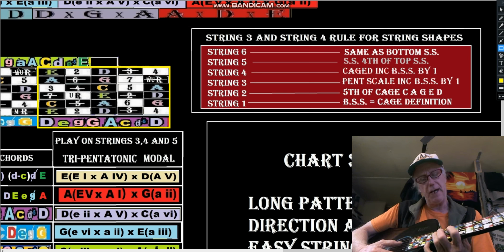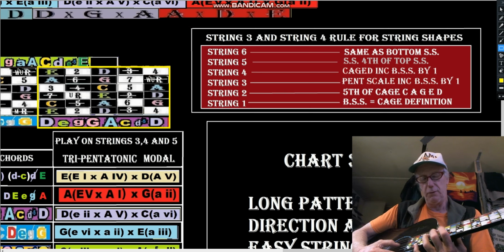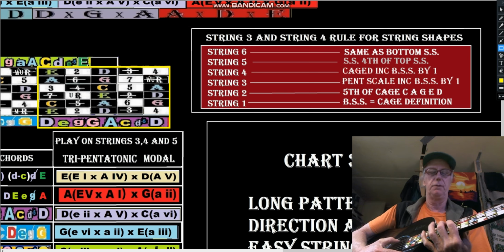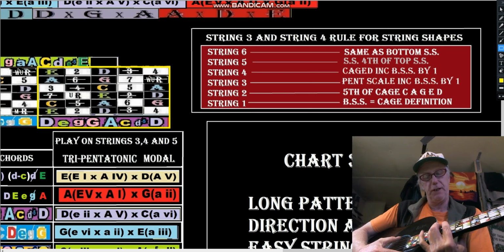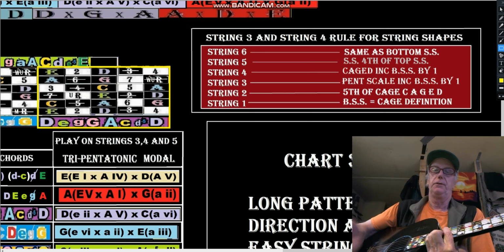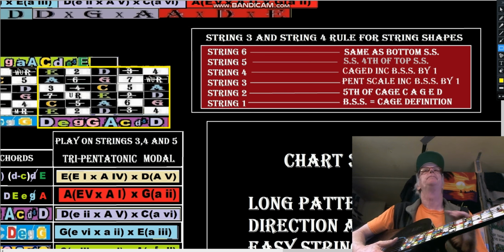But the 5th of that would be the next one over in cage from G, which would be E, 7 root 2. Why? Because 7 root 2 is the bottom string shape, the bottom 3 notes of your E cage there in the short system.